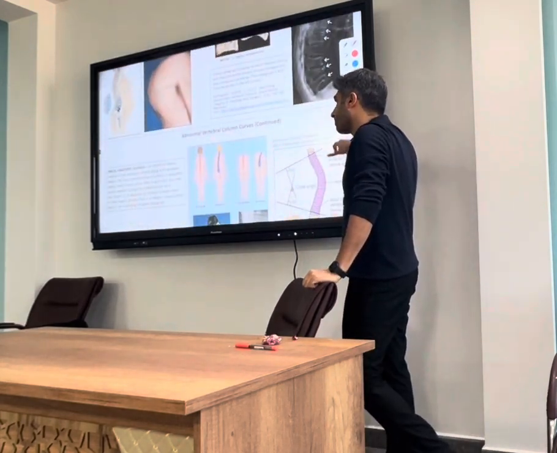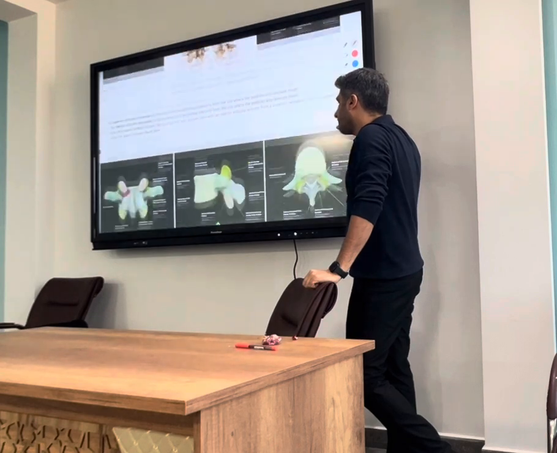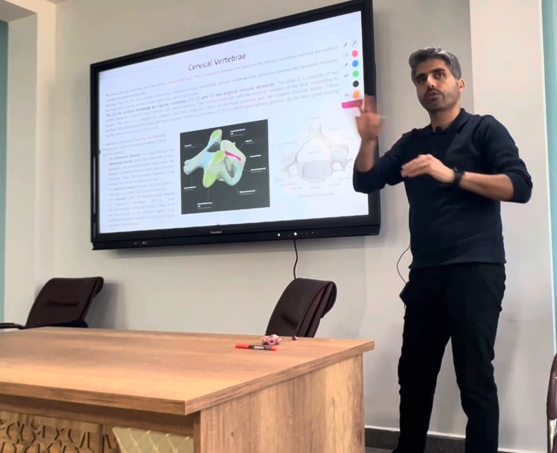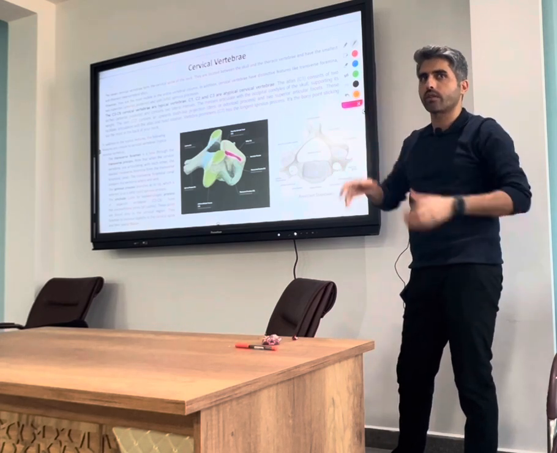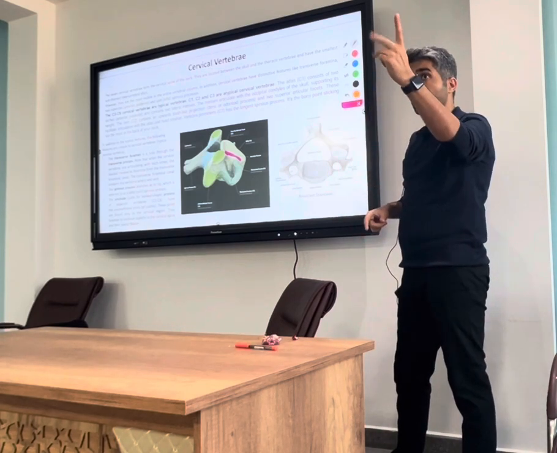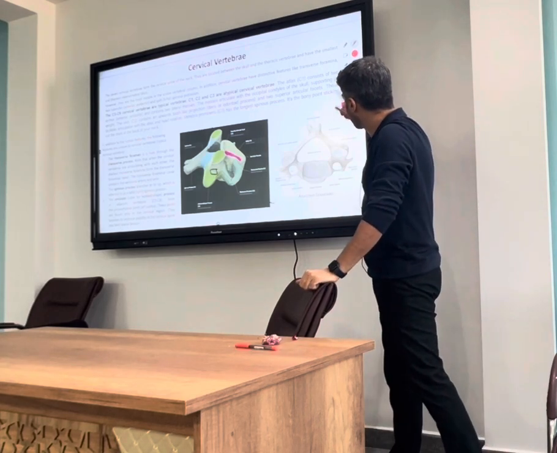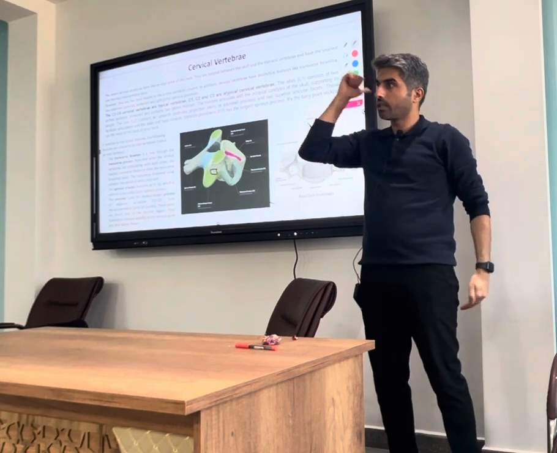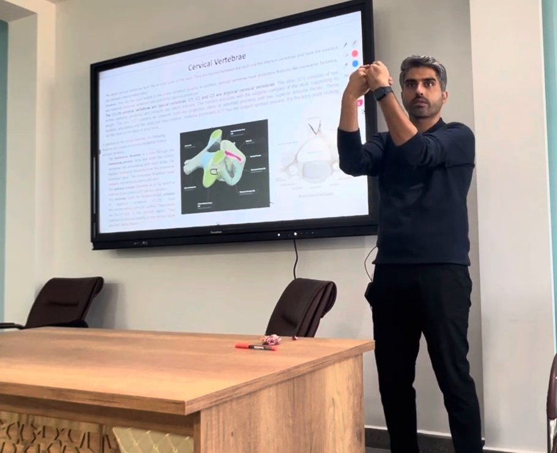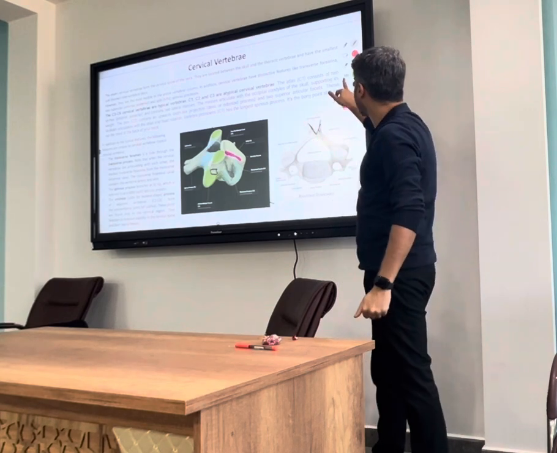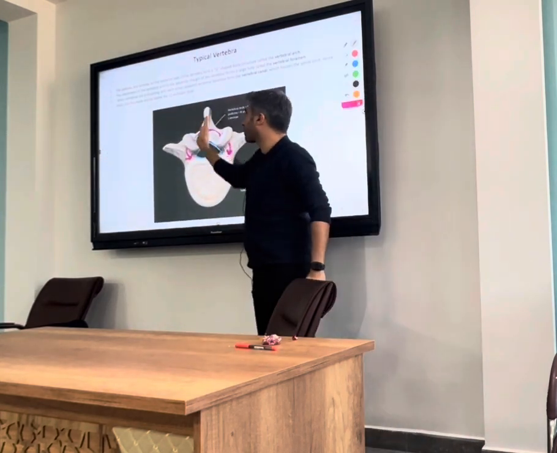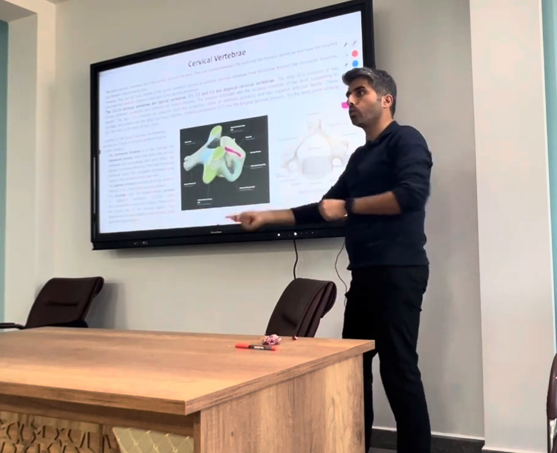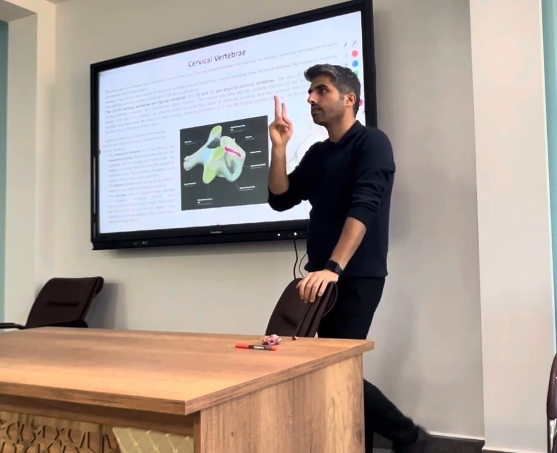So the cervical vertebrae have 3 points that are specific to the cervical region, not to the thoracic or lumbar. The third point: the spinous process is not one, it is divided into two parts. Look at the normal vertebra, the spinous process is one, but in the cervical region it is divided into two parts, bifid.